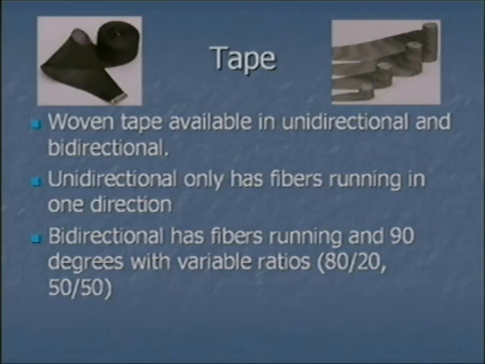And you can get these with different types of materials. They might be carbon fiber and Kevlar and things like that mixed together, just depending on what you want to do. And then the bidirectional fibers can be purchased with variable ratios of a certain number of fibers running one way and another percentage of fibers running a different way.